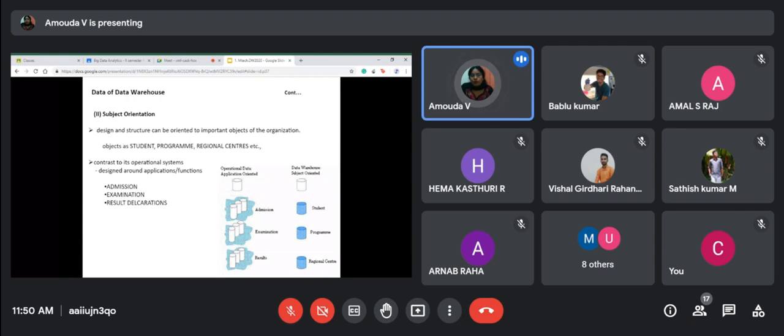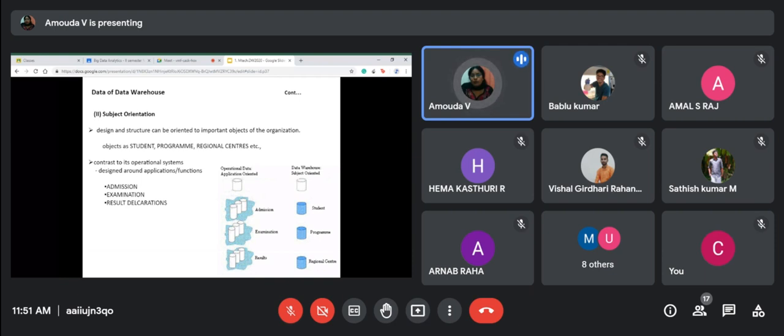Subject oriented in the sense, you can see the picture. Application oriented: in our university, it's a single institution. We don't have all the institutions together. We have the SAMs only for our institution, so it is application oriented. In SAMs, you have RAMs, SAMs.